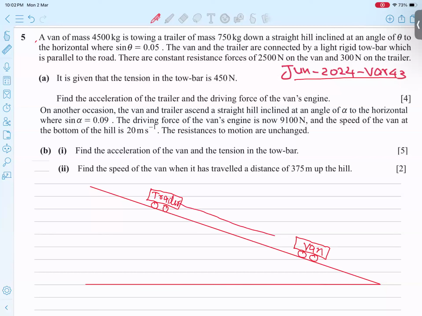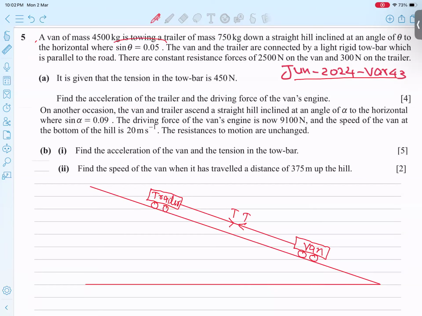They are connected, and you know it very well: the tension always acts towards each other. Whenever we're looking for acceleration, a driving force or sometimes tension, we always make two equations and solve them simultaneously. So first of all, tension towards each other, this is number one.